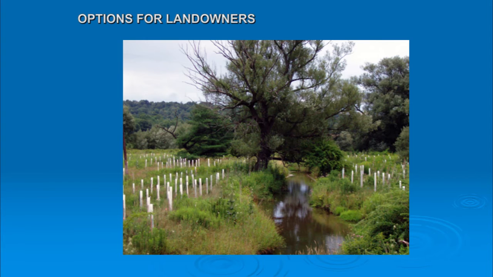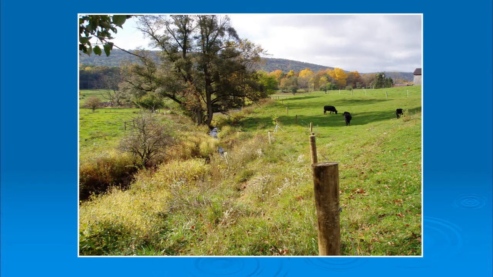If you haven't seen one of these photographs before, basically all those little white things that are sticking up are tree tubes to protect the trees from mostly deer browse and competition from the weeds as the plants start to take up root and start to grow. Same application.